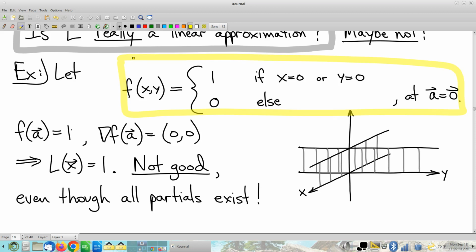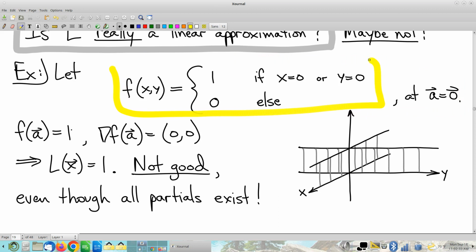There we go. A little bit of a strange function. It's not the typical sort of algebraic formula that we're accustomed to, but I'm going to define this function to be 1 if either of the input coordinates is 0, and it's going to be 0 everywhere else.